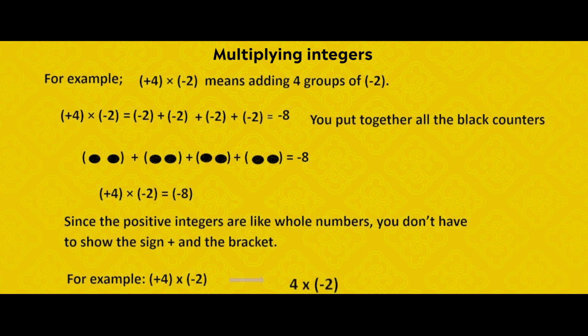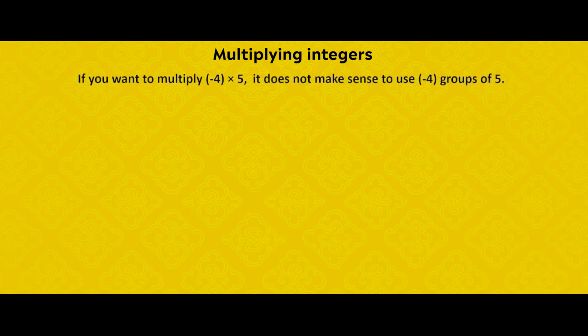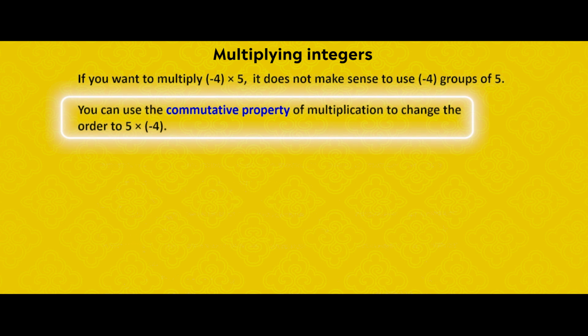If you want to multiply negative 4 times 5, it does not make sense to use negative 4 groups of 5. So, you can use the commutative property of multiplication to change the order to 5 times negative 4. That means 5 groups of negative 4.